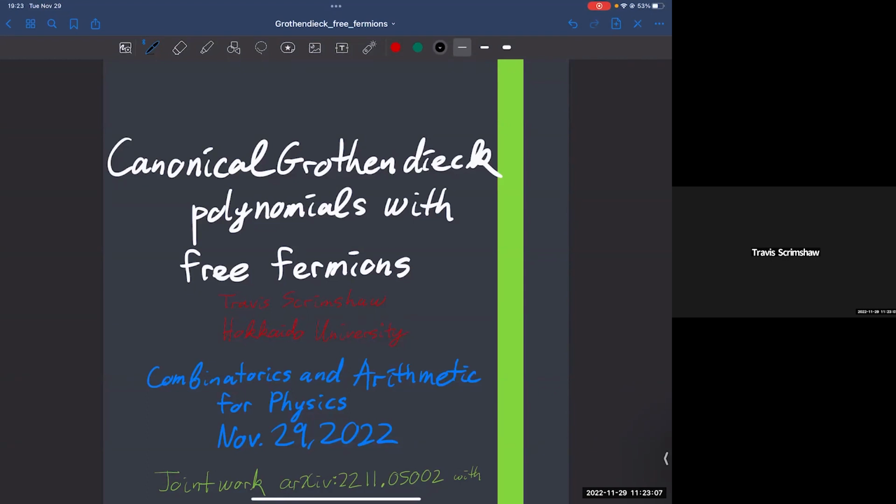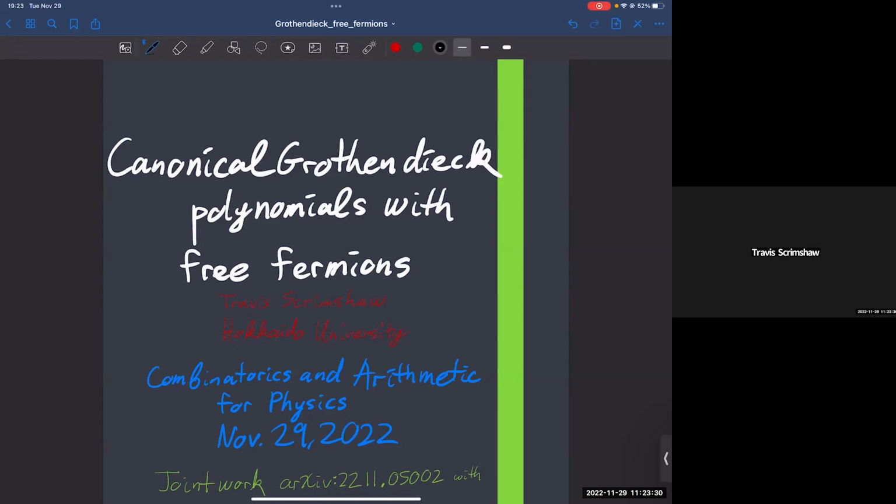So this work actually started back in Australia, and since I'm looking at things from the other side of the world, even though this conference is about looking at combinatorics and arithmetic and applying it to physics, I'm going to take the other approach of saying, well, I'm going to take physics and apply it to some combinatorics.